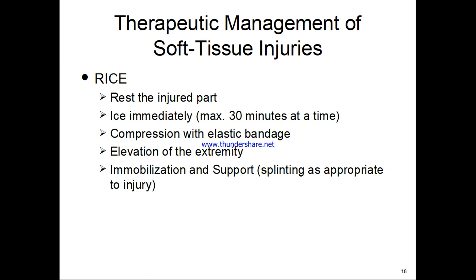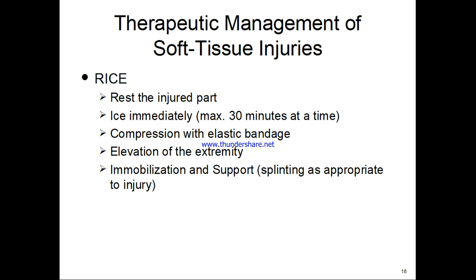So for therapeutic management of soft tissue injuries, we use the mnemonic RICE. That stands for rest, ice, compression, elevation. So they're going to rest the injured part, ice it immediately, and we apply ice for a maximum of 30 minutes. Compression with an elastic ACE bandage and elevation of the extremity to reduce swelling.